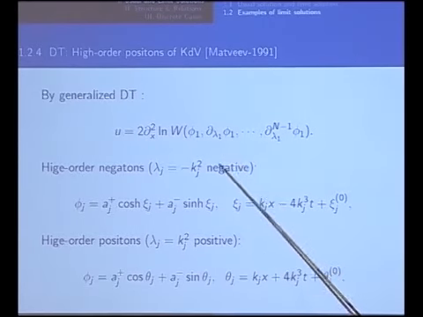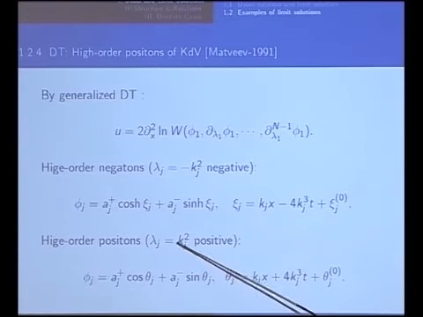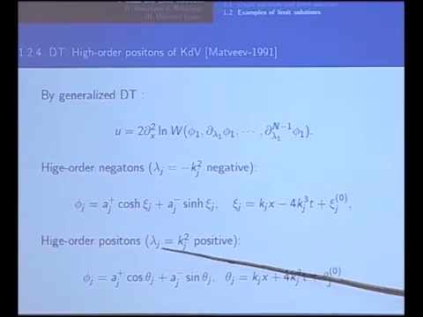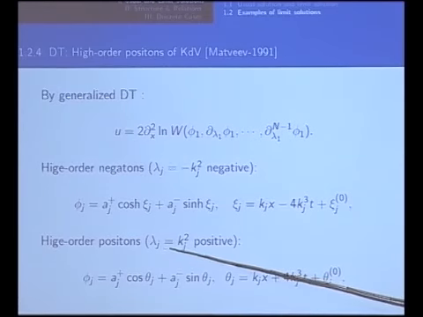In 1991, Matveev gave a generalized solution in generalized Wronski form for KdV, and he got positons.